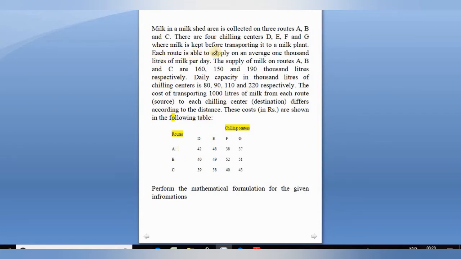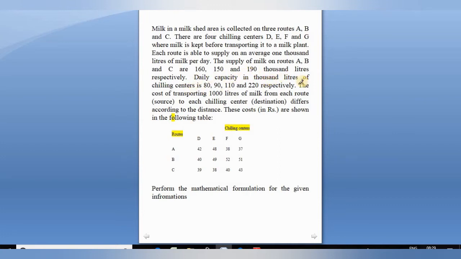Each route is able to supply an average of 1000 liters of milk per day. The supply of milk on routes A, B and C is as follows. From route A, milk is 160,000 liters, route B is 150,000 liters, and C is 190,000 liters respectively.